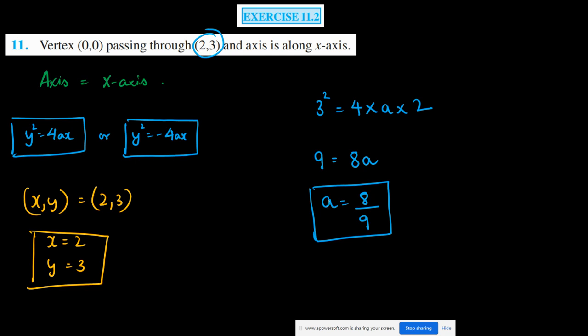Next, the value of a I have already got. I have to substitute the same in the equation of parabola.